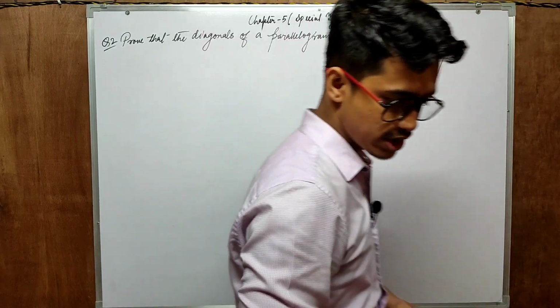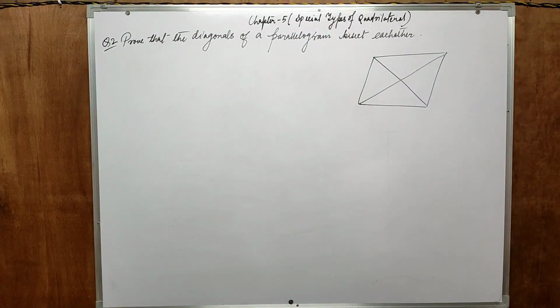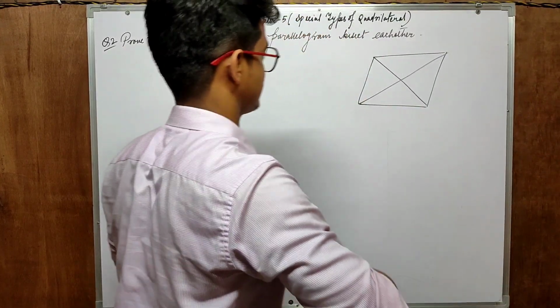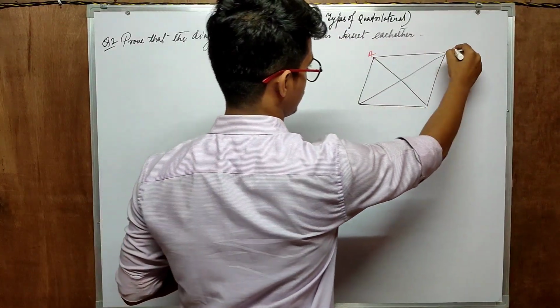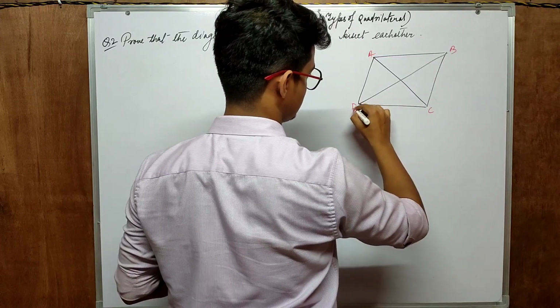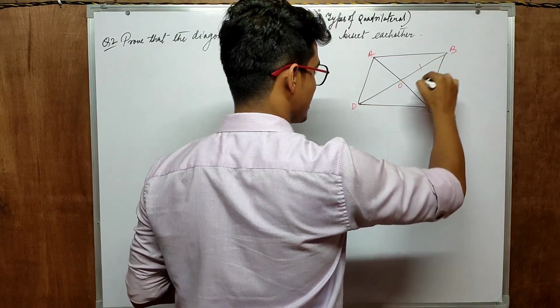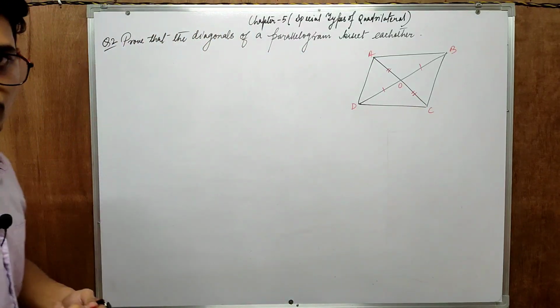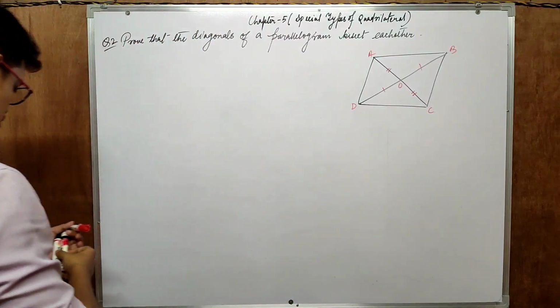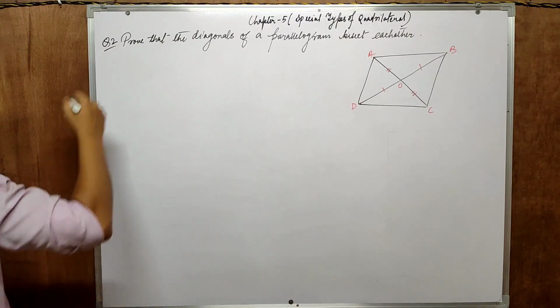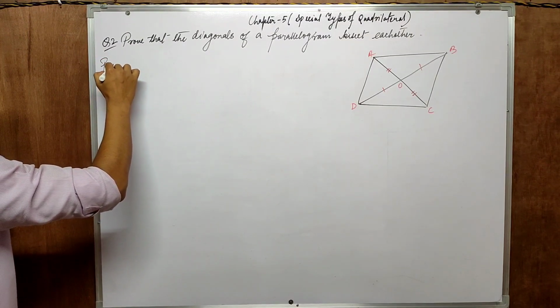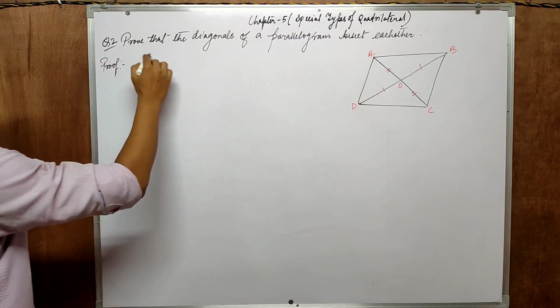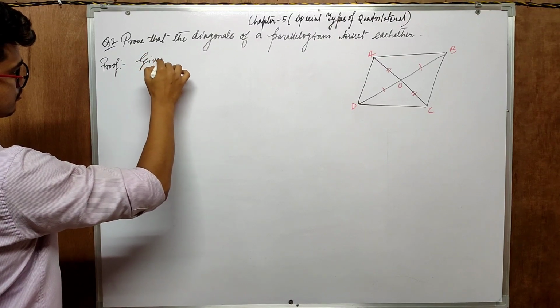In the question, we need to show that with parallelogram ABCD and O the intersection, this side is equal to this side and this side is equal to this side. We have to prove that. Proof. First part is given.